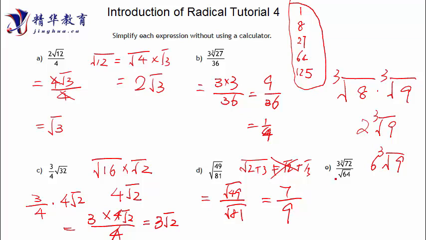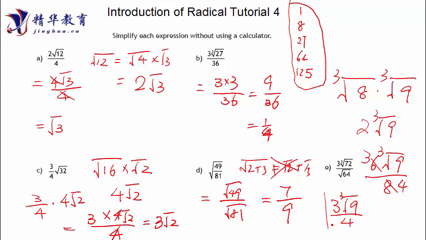So the bottom is the square root of 64. 64 is a perfect square number, so it becomes 8. Now we can try to cancel 2 from both the top and the bottom. So it becomes 3 on top and 4 on the bottom. So 3 times the cubic root of 9 over 4.